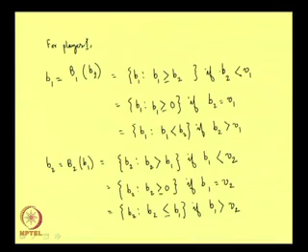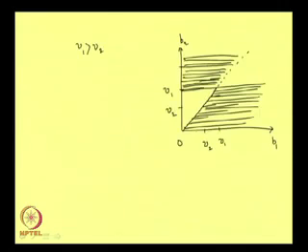Player 2's best response function: if B1 is less than V2, then B2 is strictly greater than B1. So, this is the V2 point. I have this vertical line here, and all these points will be included. But the points on the 45-degree line will not be included.